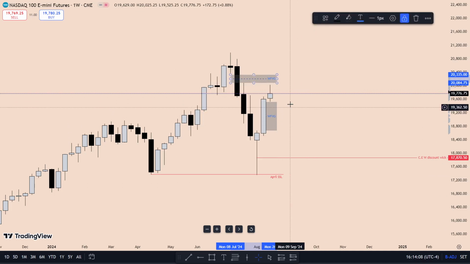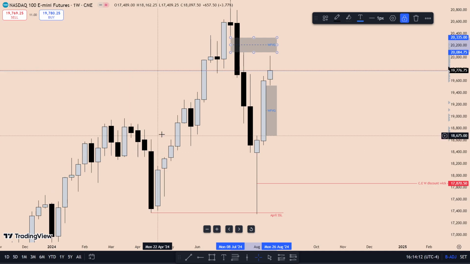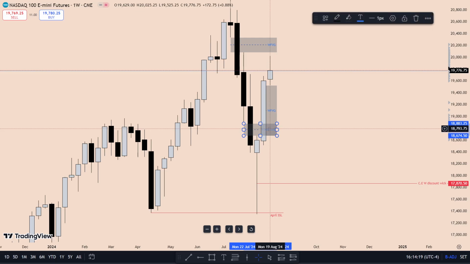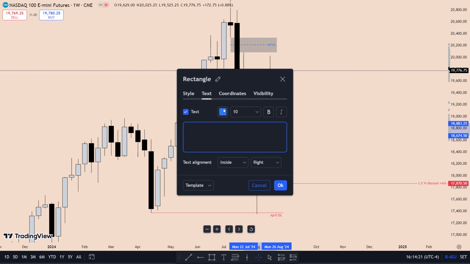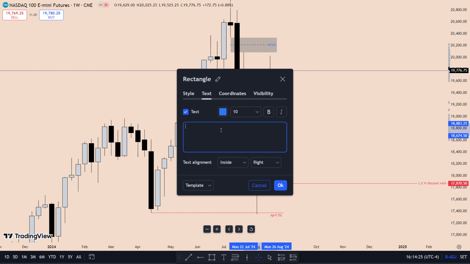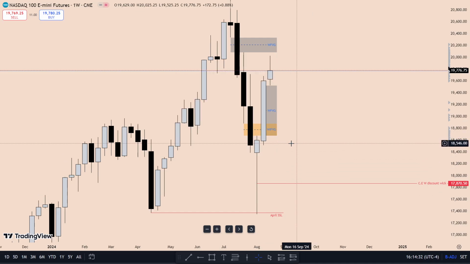So now, as we have started from a top-down approach, we can start to narrow down in time frames and find out which PD arrays are starting to overlap. Let me just put this in. So this is a weekly inversion fair value gap. Cool. So that's also a balanced price range.